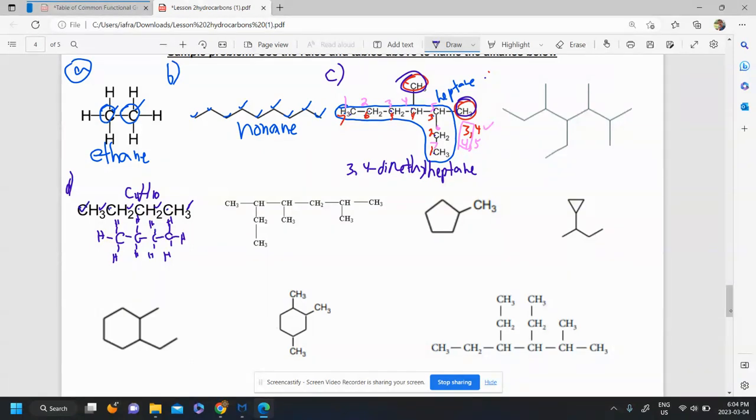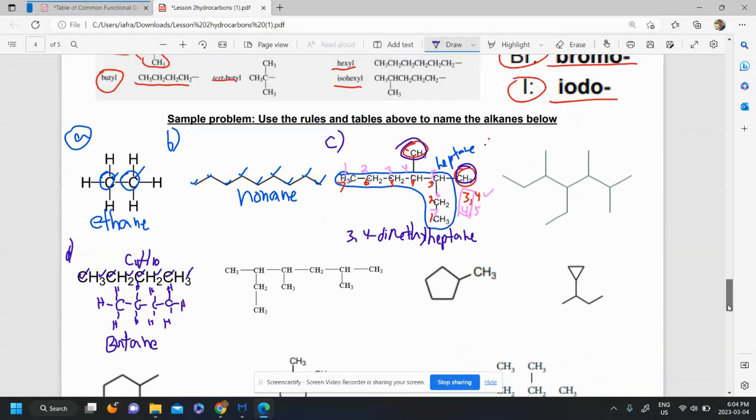We have 4 carbons, no substituents, which is nice. So we're dealing with a butane alkane molecule. All right, let's try one where there are substituents this time, and we need to find the longest chain. So we'll try example E over here.